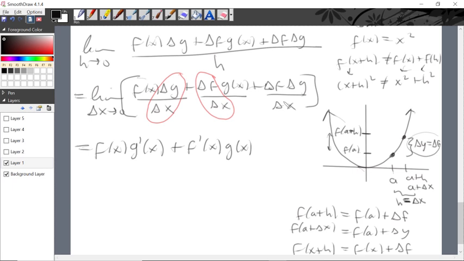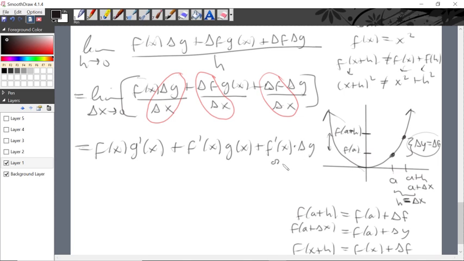Now on this third term, we have only one instance of delta x in the denominator, but a delta f and a delta g in the numerator. So we're not applying this delta x to both of these. We have to pick one. For instance, if I put it with the delta f right here, then the limit as delta x goes to 0 of this ratio, delta f over delta x, would be f prime of x, but we still have that multiplied by delta g.